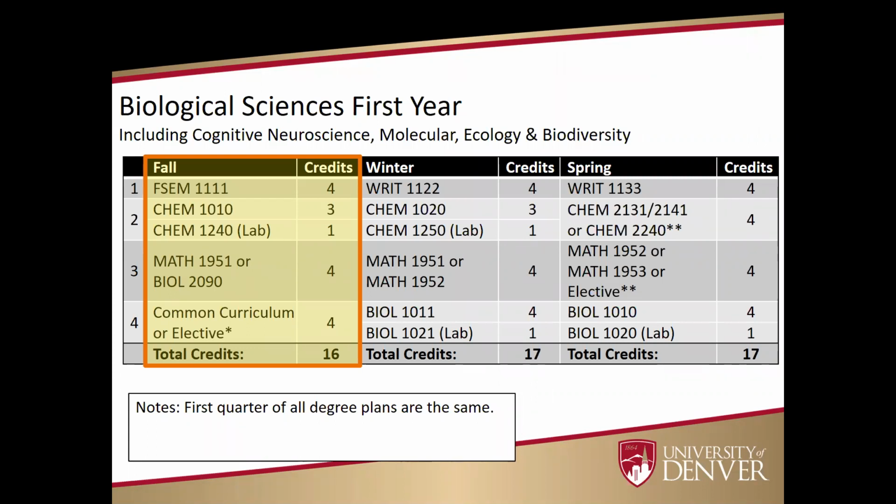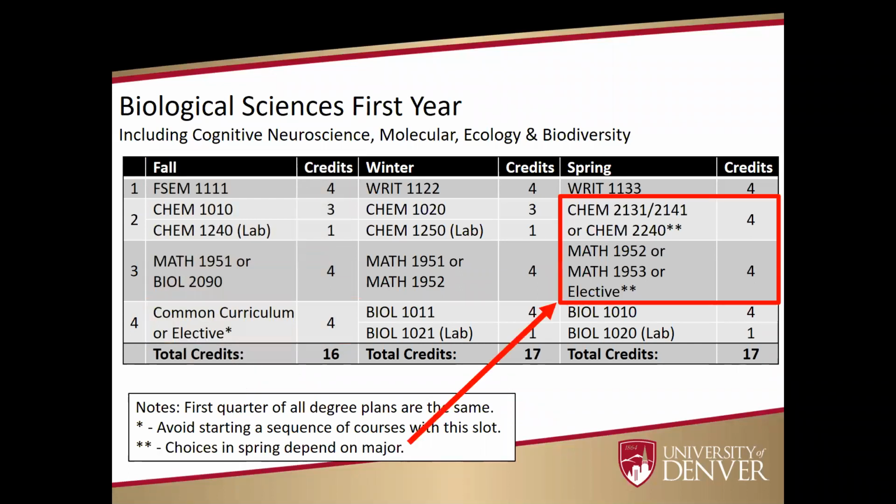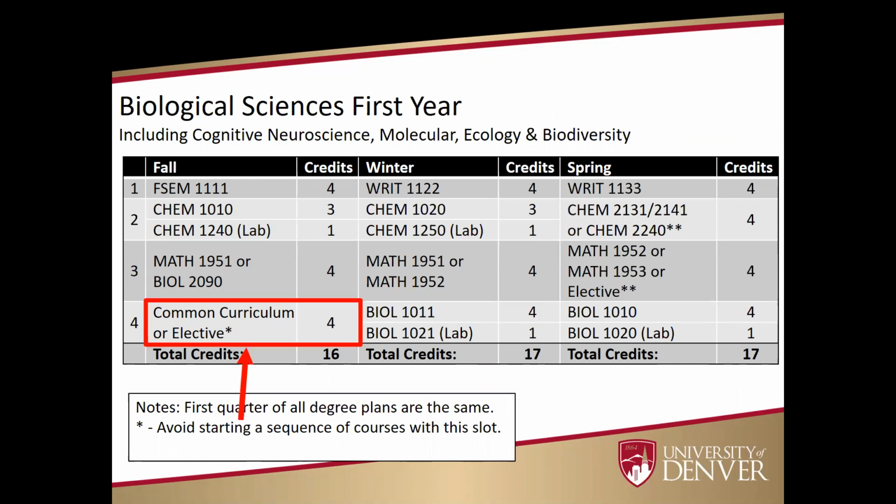Now, the fourth class, if you look, is a common curriculum or elective. The reason this has a star is that we do not want you to take another course sequence, because biology, your actual major's course, doesn't start in fall, but your biology major actually starts in the winter quarter, which is just to the right of the red box on your screen.